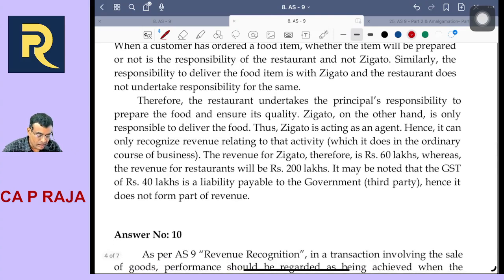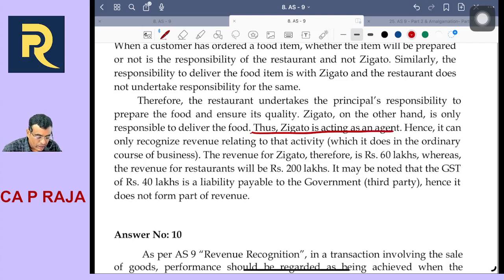Therefore, the restaurant undertakes the principal's responsibility to prepare food and ensure its quality. Z Limited, on the other hand, is only responsible to deliver the food. Thus, Z Limited is acting as an agent. That's very important.